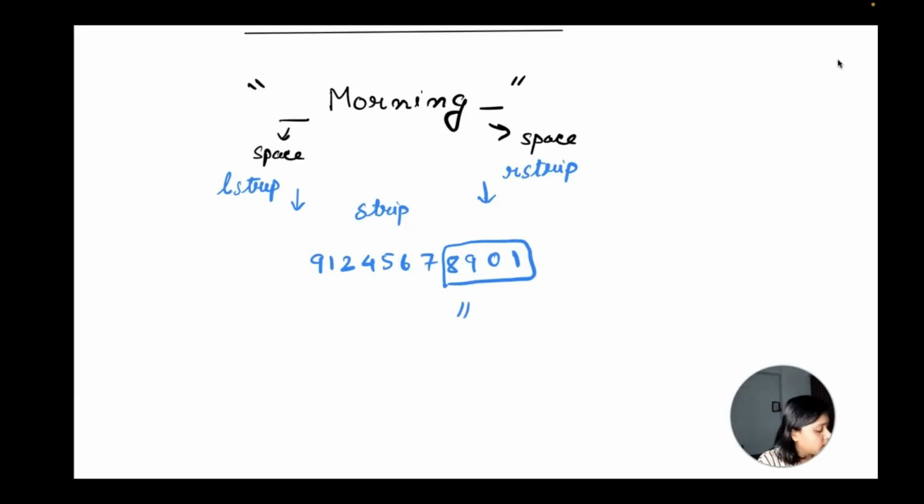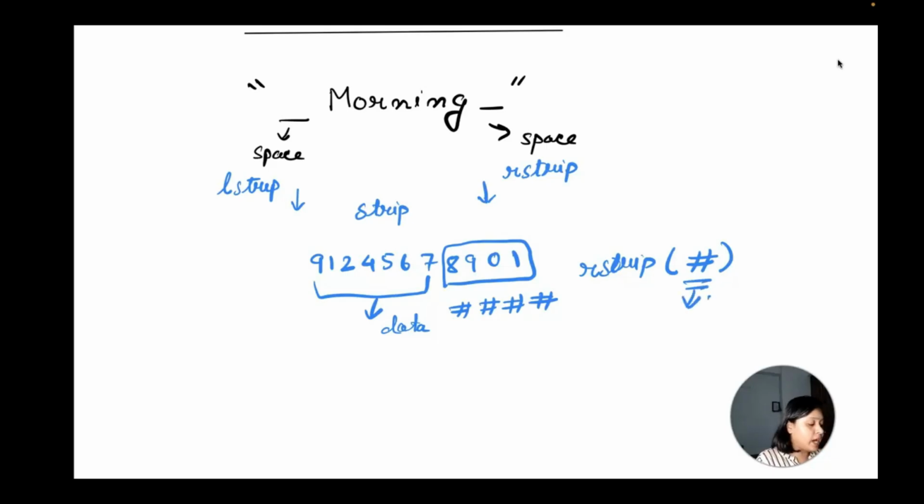So let's say this is being masked by the hash, okay, and I don't need this particular thing, I just need this to be inserted into my data. So if I have to remove this, I can use my rstrip, because I know it is at the end, and I can mention the function. The argument will be the hash that I actually want to remove, right?